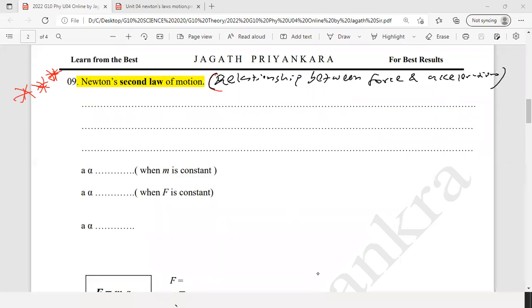Okay, let me explain like this. If you want to copy that, you can write within brackets: it's about the relationship between force and acceleration and the mass.